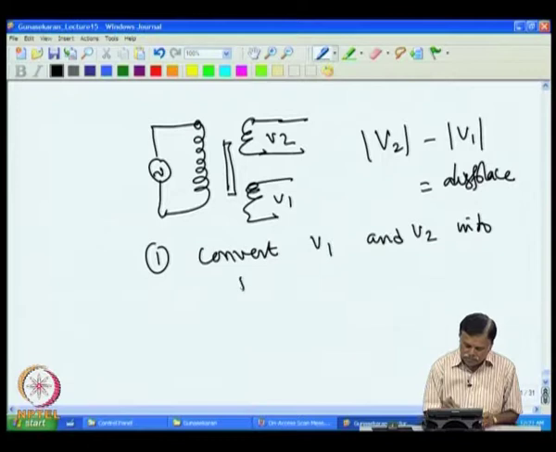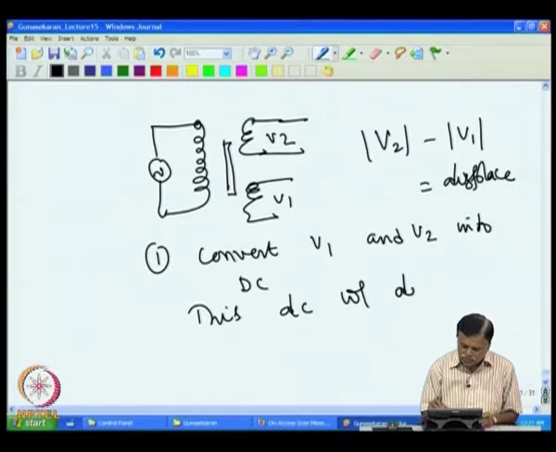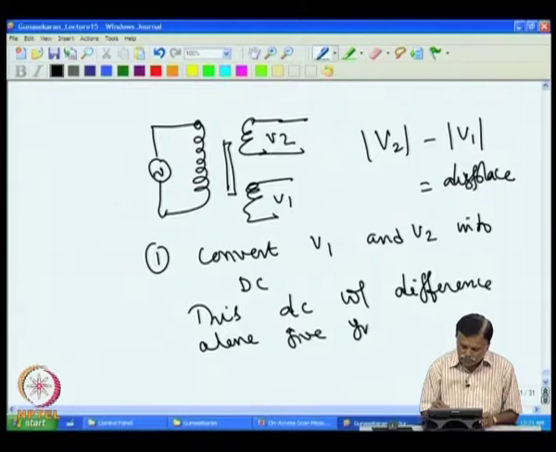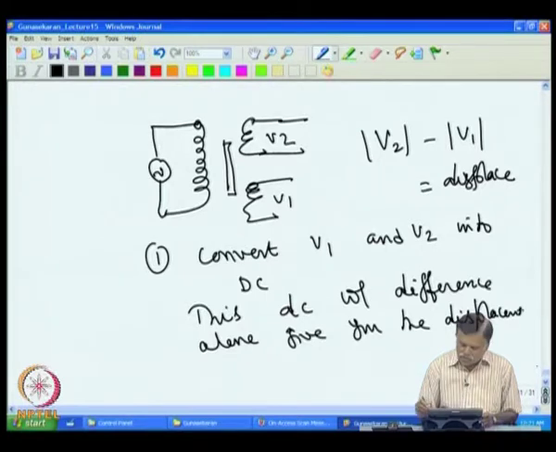This DC voltage difference alone gives you the displacement, not the AC voltage difference. So, this is one problem.